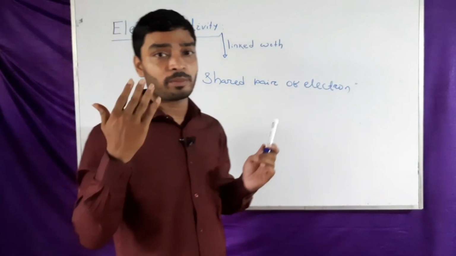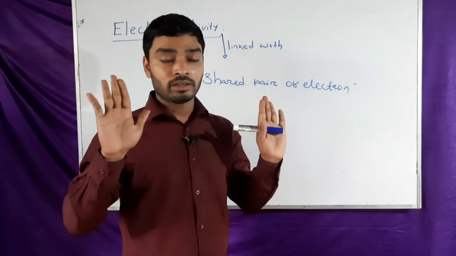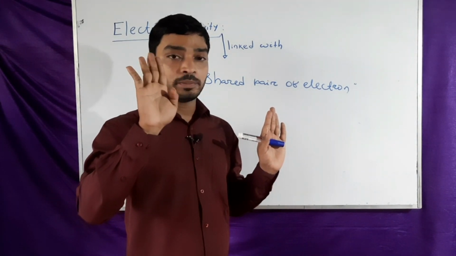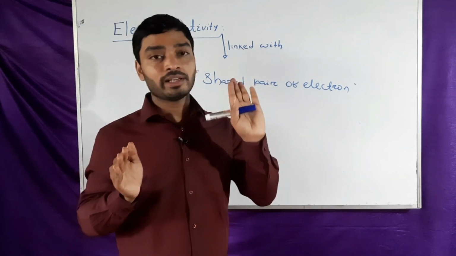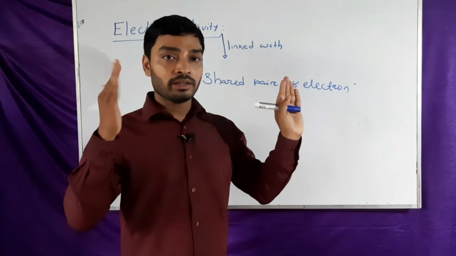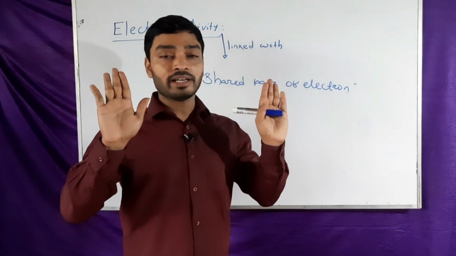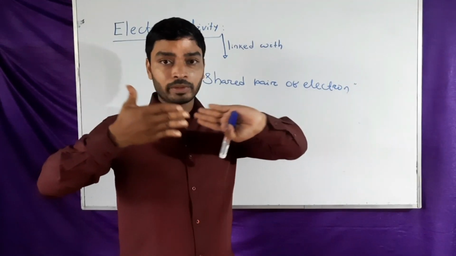That means you can consider my hand. This hand is unpaired and this hand is unpaired. If this hand belongs to one electron of an atom and this hand belongs to one electron of another atom, then these are called unpaired electrons of the atoms.